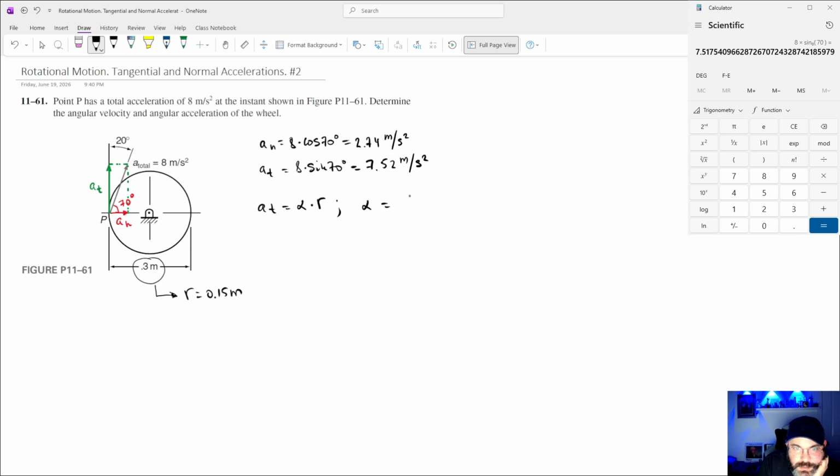So alpha is the tangential acceleration, 7.52 divided by 0.15. Let's see how much is this. Okay, and this is 50.1, right? So 50.1 radians per second squared.